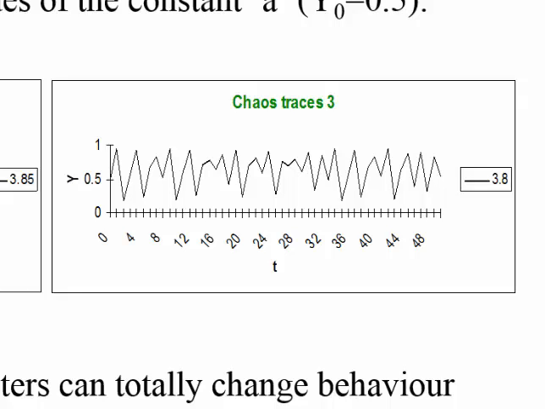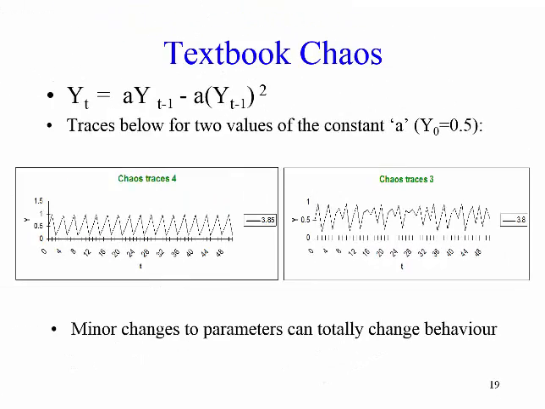What we can conclude from this example is that minor changes to the parameters can totally change the behaviour. If nothing else, it means that if we can understand our chaotic relationship in terms of its mathematical equation, that might be only one part of the problem.